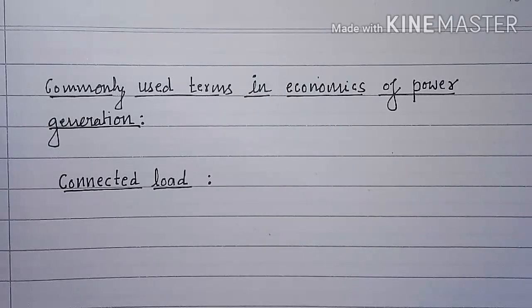And every such load will have a certain rated capacity. That means when the rated voltage is applied to such electrical loads, they will consume a fixed amount of power.